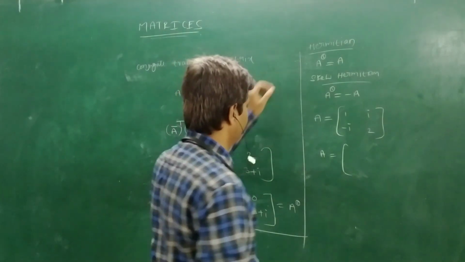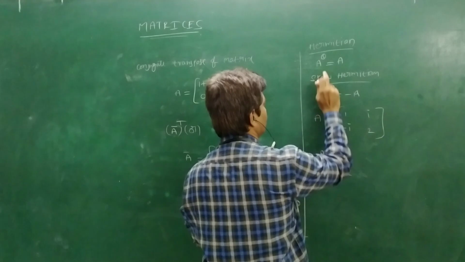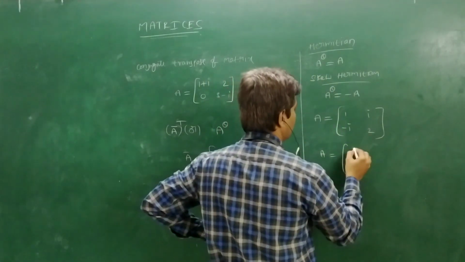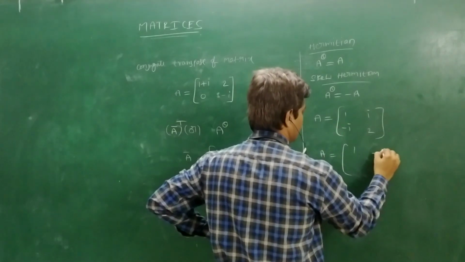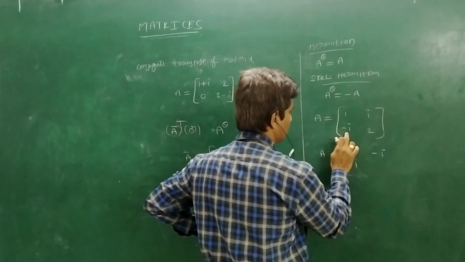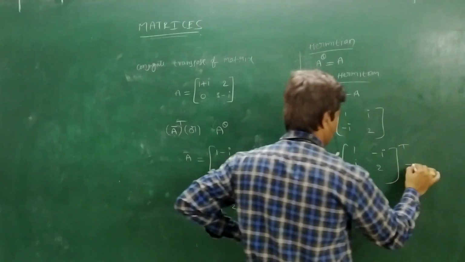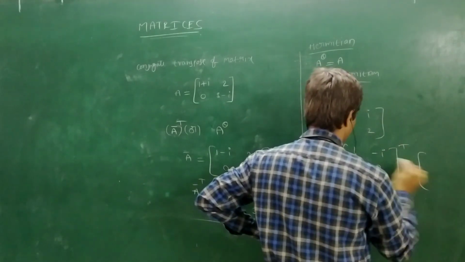See what will happen here. First of all, I am going to check A power theta. That means a conjugate transpose. Conjugate transpose means a conjugate of what is now. This is minus I. Conjugate of minus I. Conjugate of minus 2. For this, transpose. This is 1.